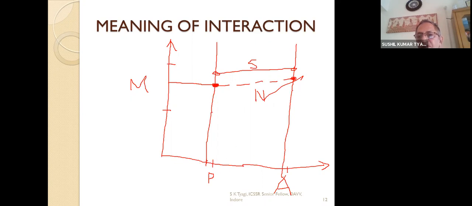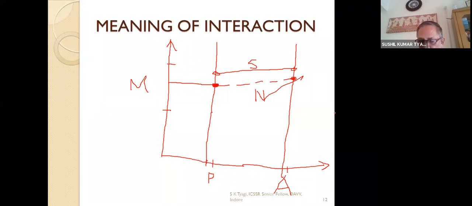Why? Because for both the groups, the association method mean is greater. Association method for non-science is this one. Association method for science is this one, which is greater than non-science. This is the mean for science under association method, and this is for part method.